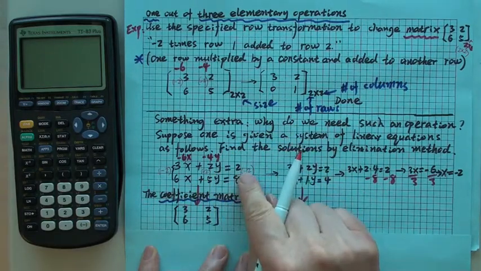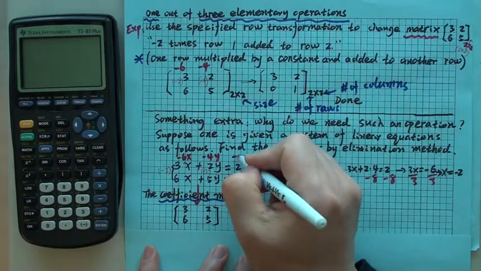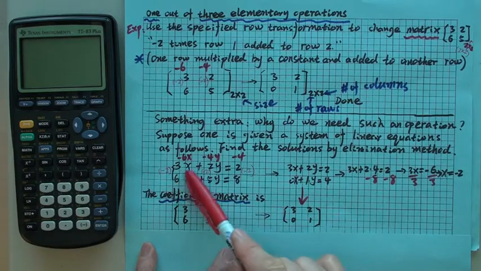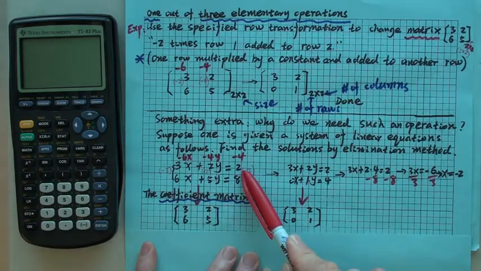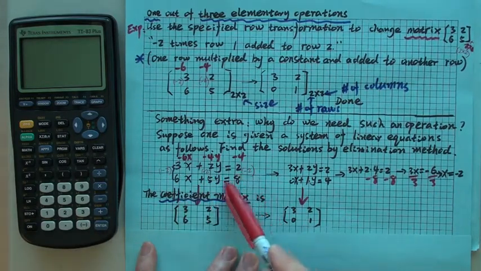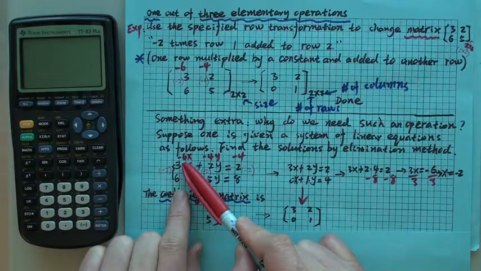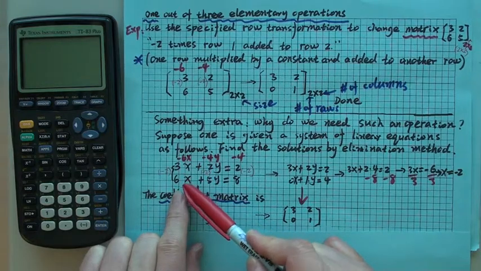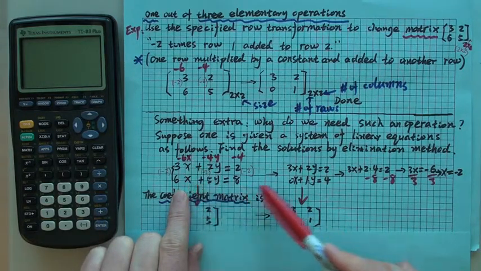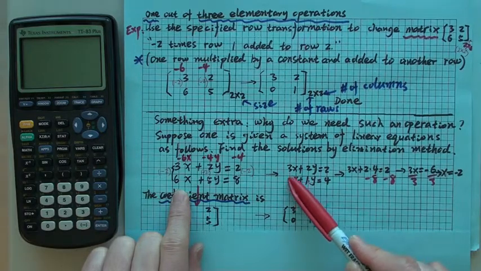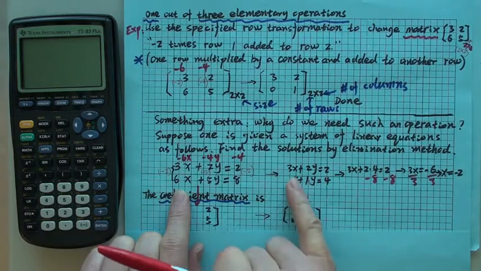And -2 times 2, you have -4. So basically you take row 1 times -2 and add to row 2. Then -6x and positive 6x cancel each other. So you have 0x, which is 0 here. You don't have to write this one.